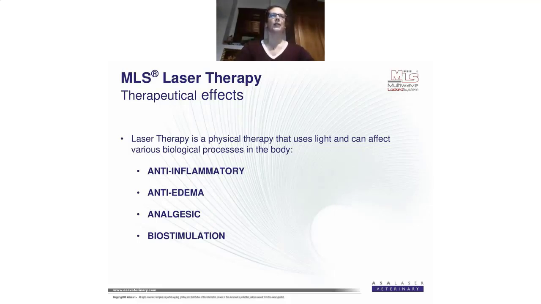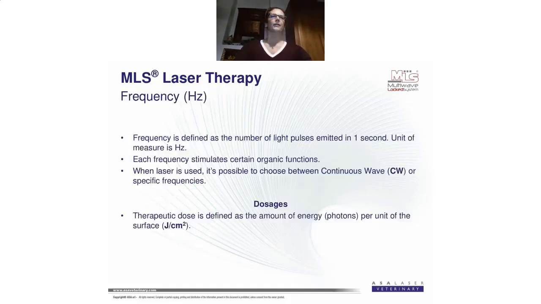Of course, we can need all of these when we treat tendons and ligaments, but we have to be aware of the pathologic status of the tendon and the ligament in that moment, in order to choose the best protocols for healing.